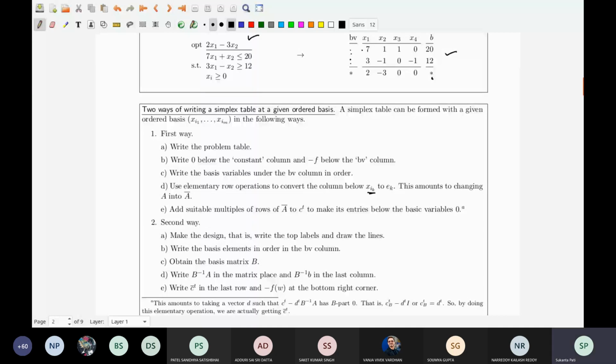And then add a suitable multiple of your A bar. What is A bar?